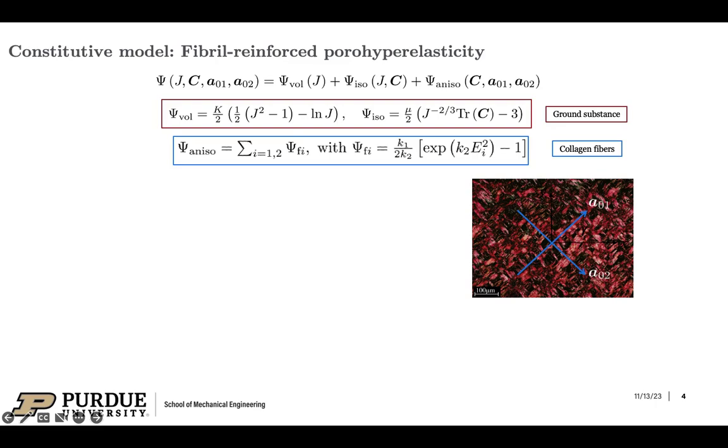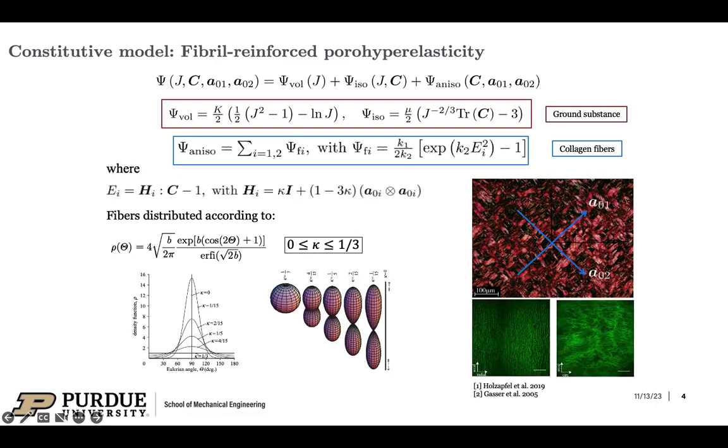This model assumes that the fibril bundles are arranged in a basket weave pattern, distributed only in the plane of the tissue. Here, we are also taking into account the dispersion of the collagen fibers. The bottom right figures show what a perfectly aligned and a randomly dispersed collagen matrix looks like.